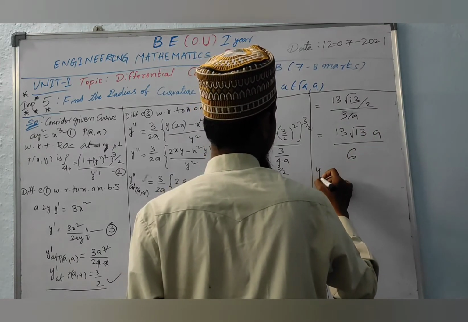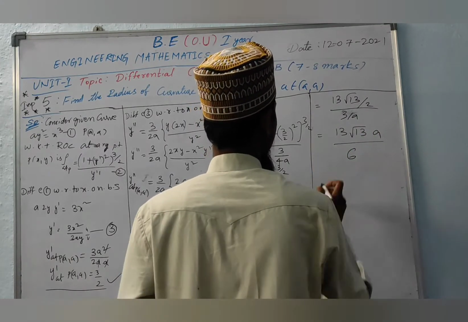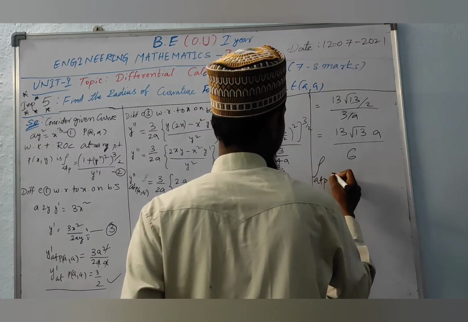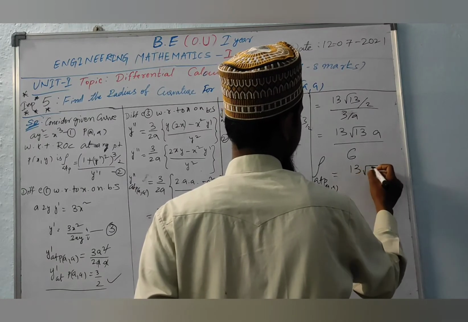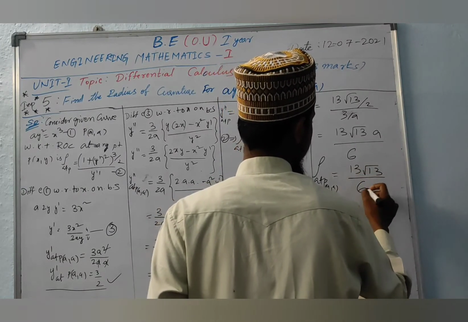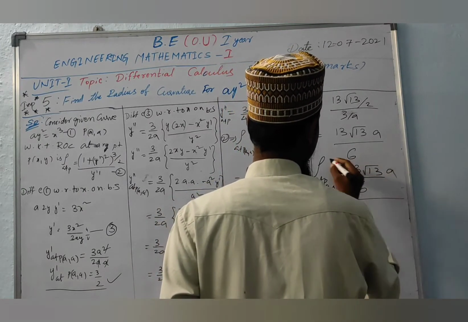This is why rho at P(a, a) is 13 root 13 by 6 into a. This is the answer.